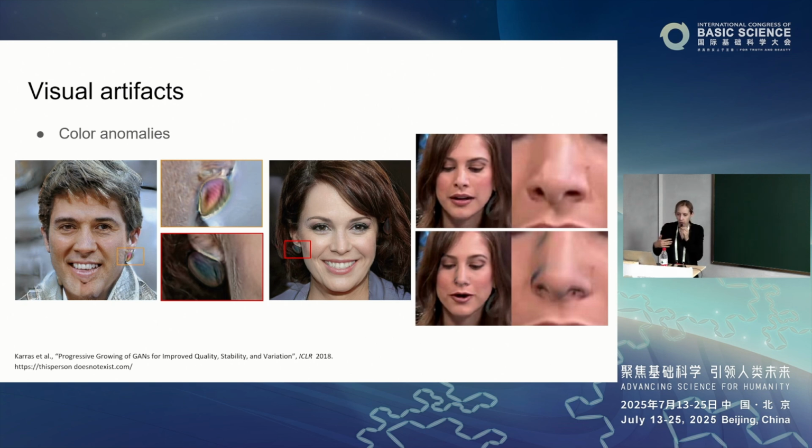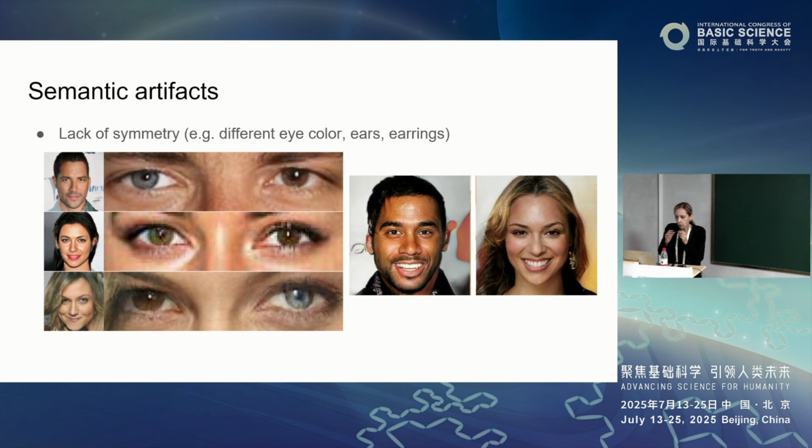So there is quite a large literature that tries to focus on this lack of symmetry, like different eye color, even if it can be that you have a different eye color. In that case, the woman only has one single earring, but that case could also be realistic.